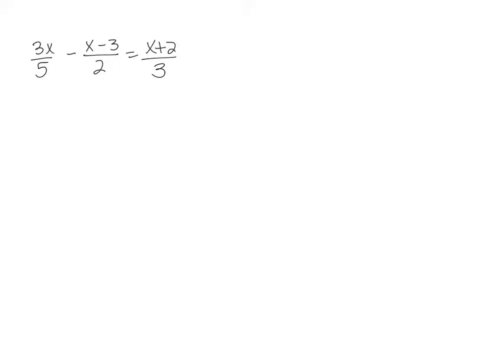Okay, so here we have something a little bit different. We've got rational terms in this equation. So we need to make sure that all of our terms have the same weight. In other words, their denominators have to be the same.